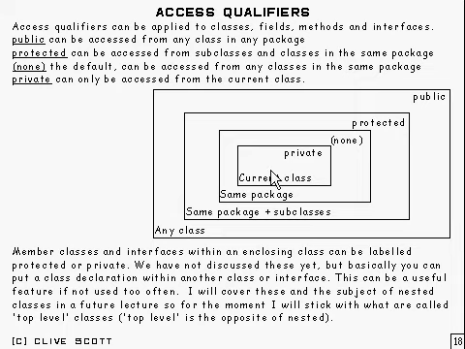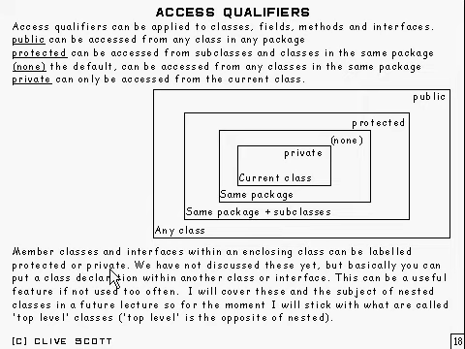And here I've illustrated the hierarchy. And the thing to notice is that protected can be accessed more widely than the default, none. Right then, member classes and interfaces within an enclosing class can be labelled private or protected. Now we haven't actually discussed what these are, okay?